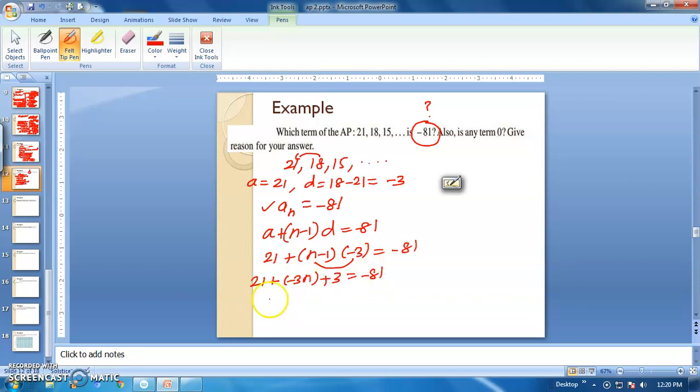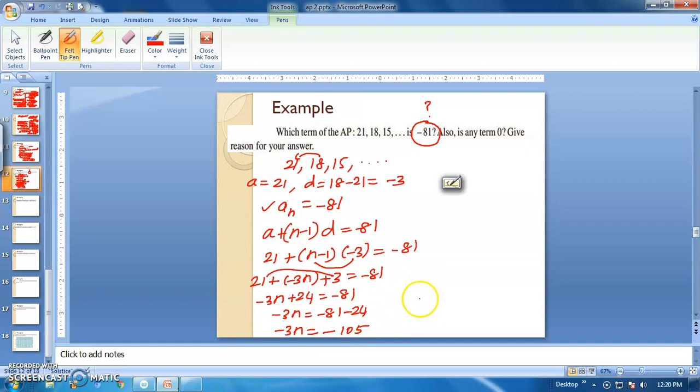Here n is the only unknown value. So minus 3n, and when we add 21 and 3, plus 24 equal to minus 81. Therefore minus 3n equal to minus 81 minus 24, transposing 24 to that side. So minus 3n equal to minus 105.